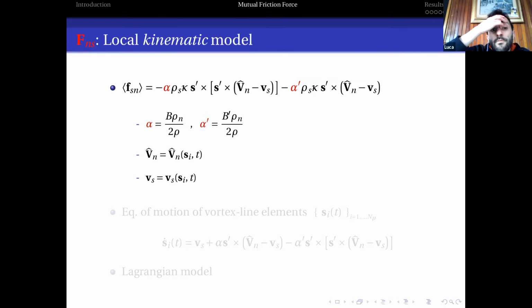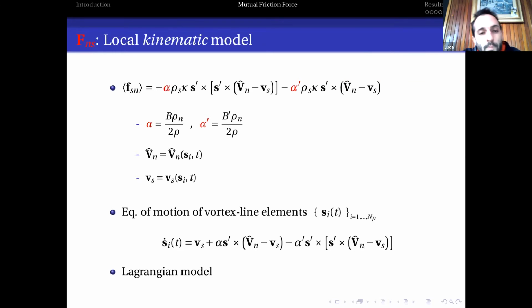This mutual friction force, combined with the Magnus force felt by the vortices, allowed Klaus Schwarz to determine an equation of motion of the NP vortex line elements into which the vortex line has been subdivided.